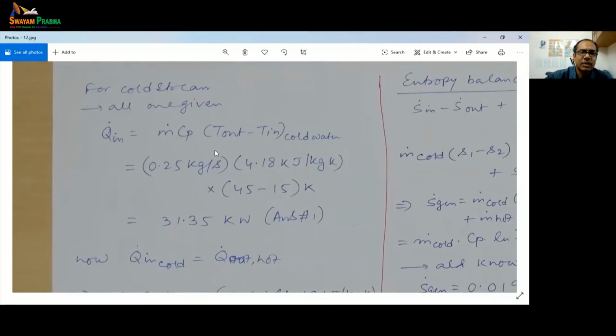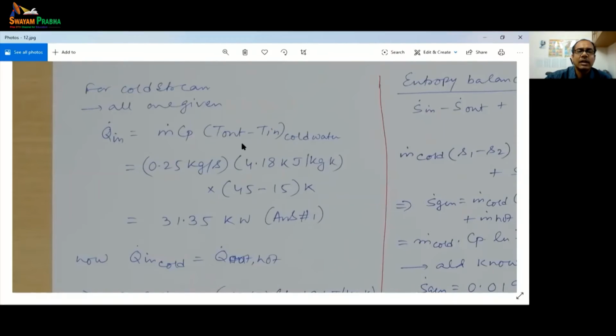Here the mass flow rate is given to be 0.25 kg per second. Cp I have looked up from the table, that's 4.18 kilojoule per kg K, and I insist that you please try to remember this number. It is so basic a number, the specific heat of water: please remember 4.18 kilojoule per kg Kelvin.